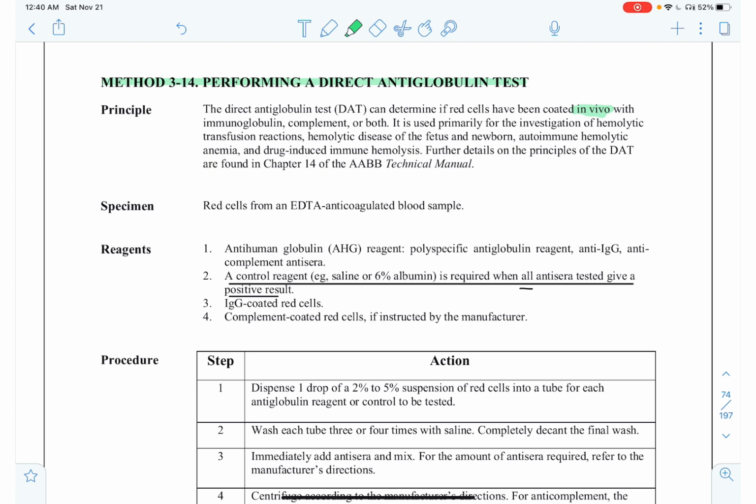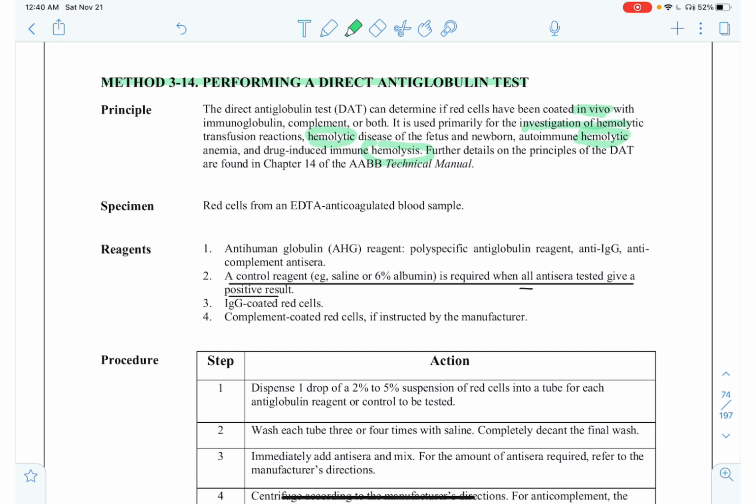Also, these 5 mechanisms which the DAT can be used to investigate all involve the word hemolysis. This is extremely important because it demonstrates that this test gives us a lot of clinically significant information.